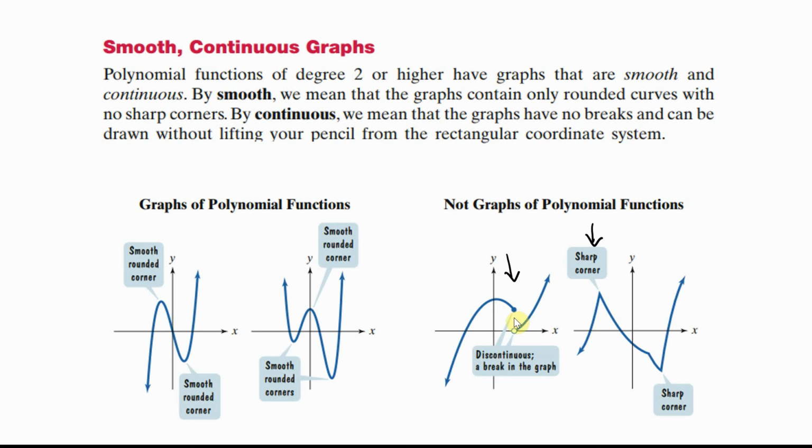It has a hole there, right? So what we're going to be focusing on are the so-called smooth functions. Now, in calculus, we define more precisely exactly what that means. So we have strict definitions according to mathematics to define continuity, and then we deal with this idea of differentiability as well.